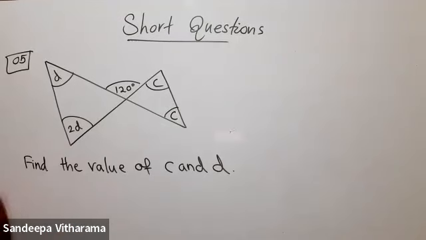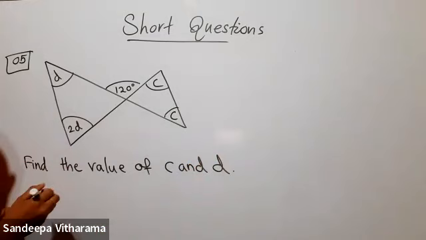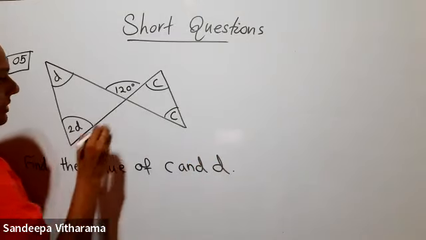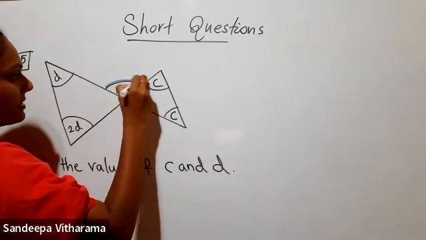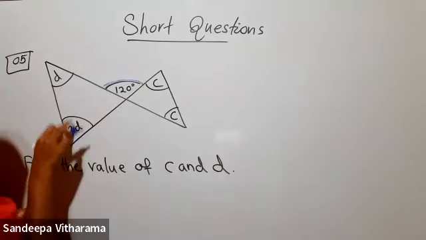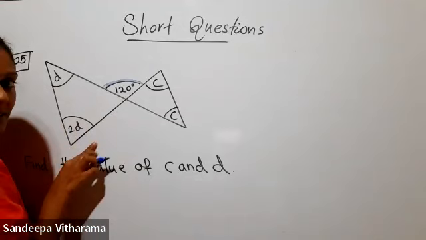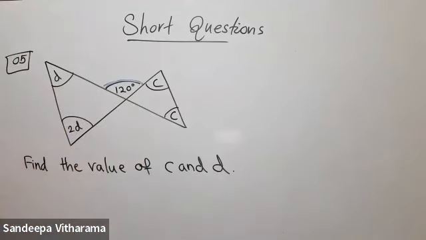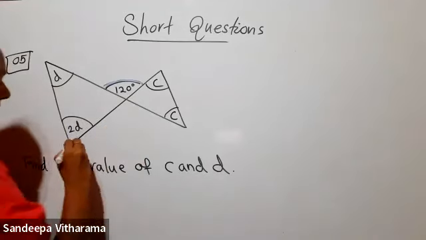Yes, let's see how we build up a relationship according to what we know. Here, always try to identify an exterior angle. Can you identify? This is an exterior angle, which is formed by producing this side. This one.